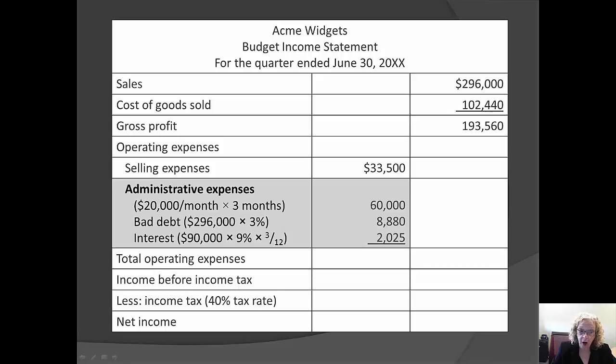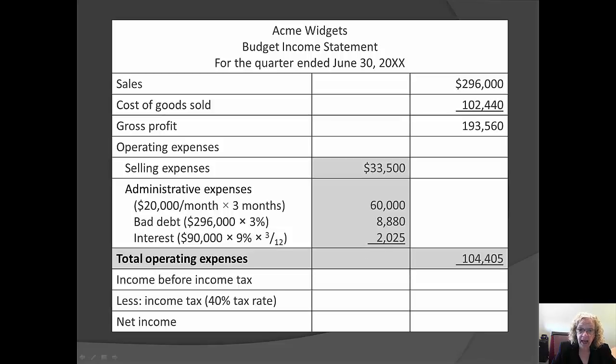Finally, if we borrow the $90,000 to make our cash policy, then we need to consider the interest on that $90,000, which is 9% per year for April, May, and June, 3/12 of a year.